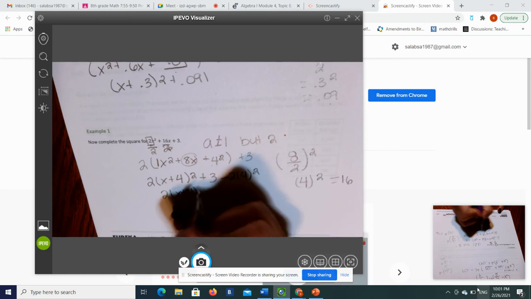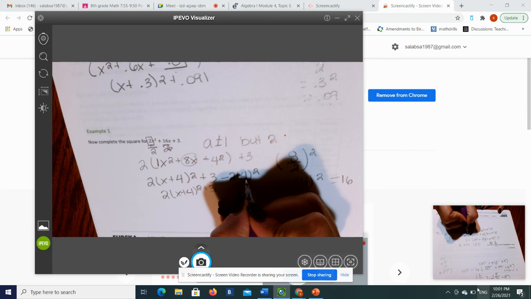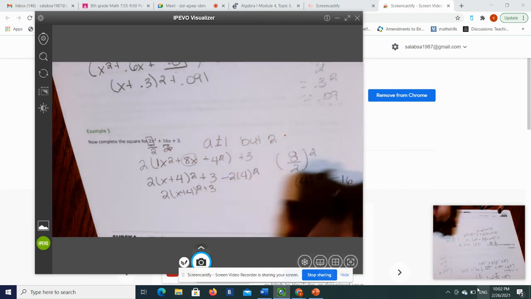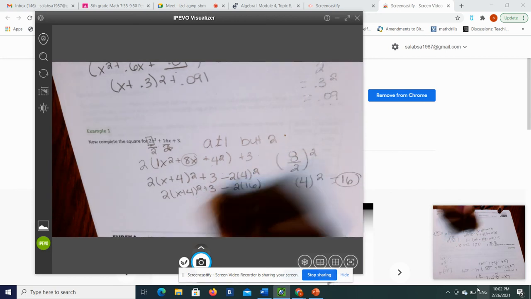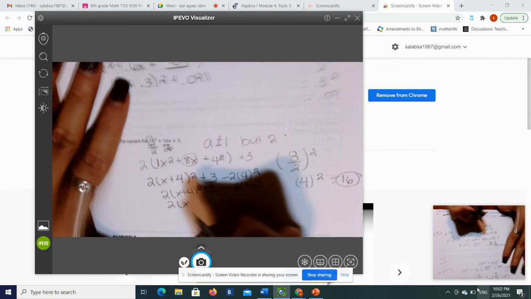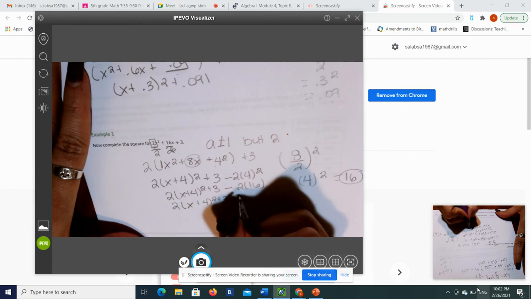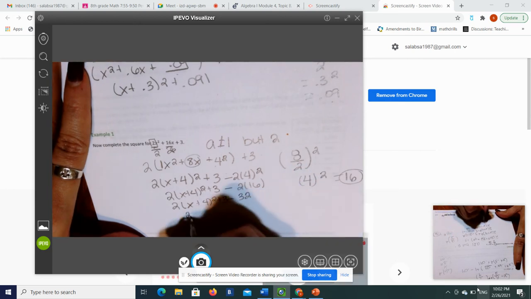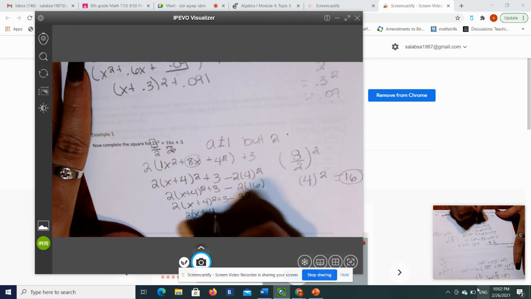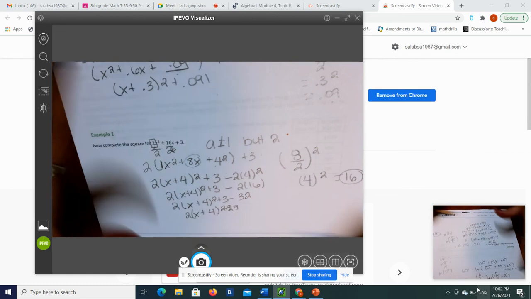So let me rewrite this right here. 4 squared is 16, right? We got our 16 right here. So minus 2 times 16 gives you 32. So if we rewrite it, we got 2 times x plus 4 squared plus 3 minus 32. 3 take away 32 gives you a negative 29. So you're going to have 2 times x plus 4 squared minus 29 as your final solution.